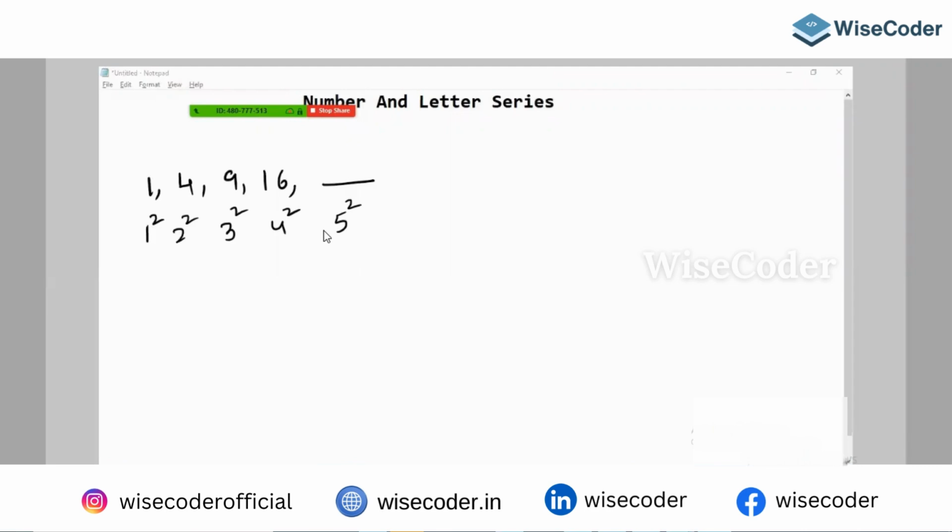The number which follows 16, which is a square of 4, will be 25, which is a square of 5. So the answer for this question is 25. Are you getting my point, everybody?